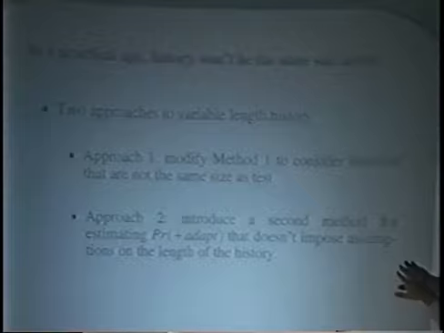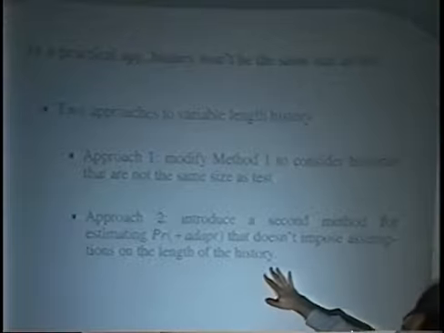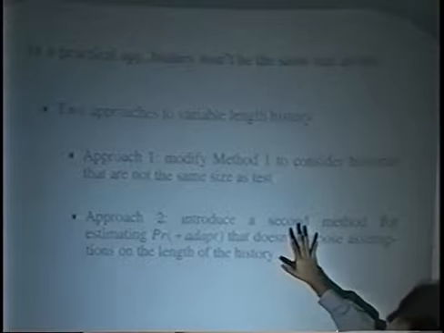The first approach is a rather direct one, which is to consider histories of varying sizes. So instead of saying the history, I'm going to split the documents 50-50, I'll split them 5-95 or 10-90 or 25-75 and so on. The second approach is to introduce a second method for estimating the adaptation that doesn't make any assumptions about the size of the history, and then conclude that this method gives me estimates of positive adaptation that are not very different from the first method.